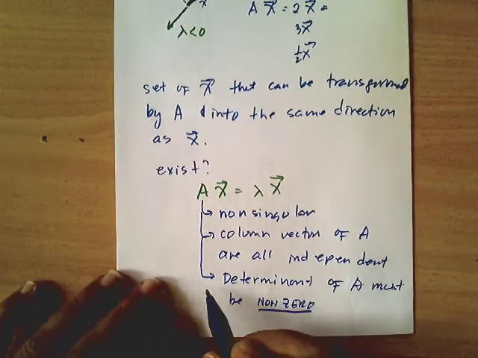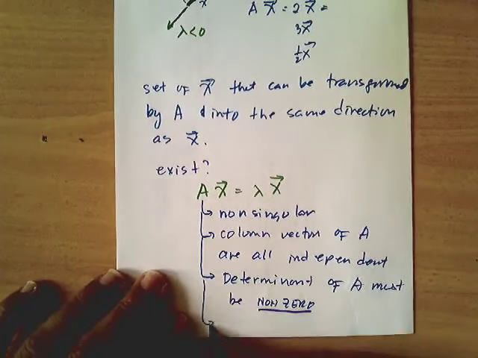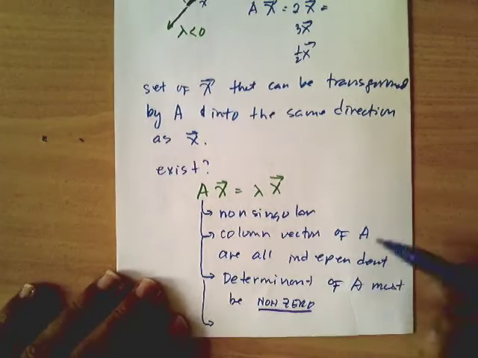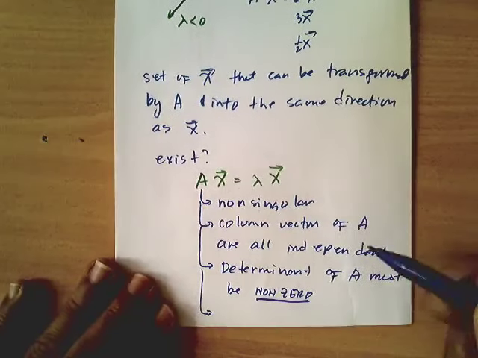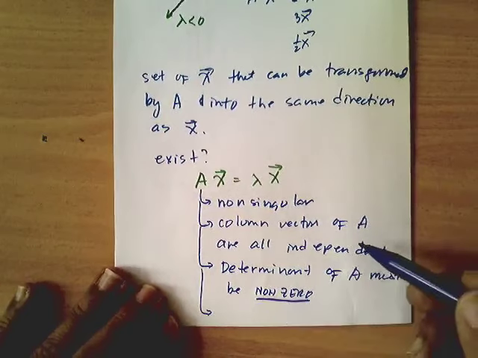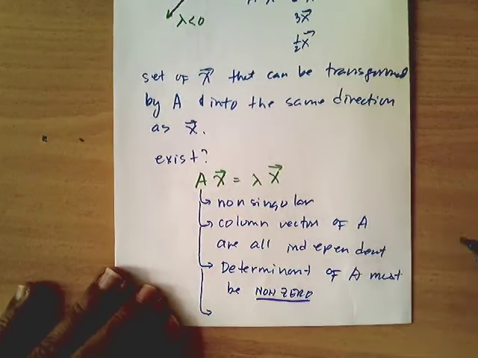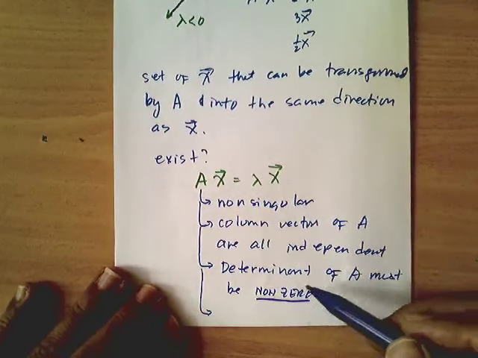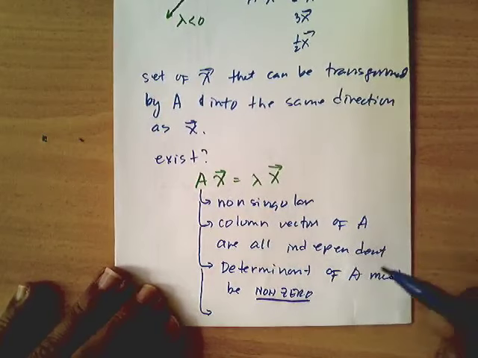Now, by inspection, how could we check whether this matrix has column vectors that are all independent, or a determinant not equal to 0?